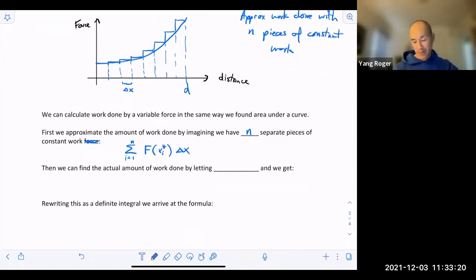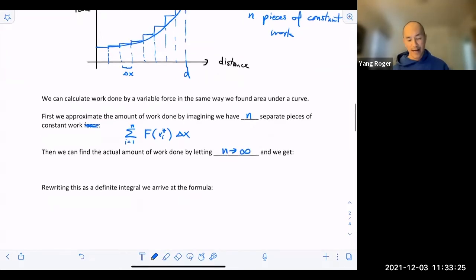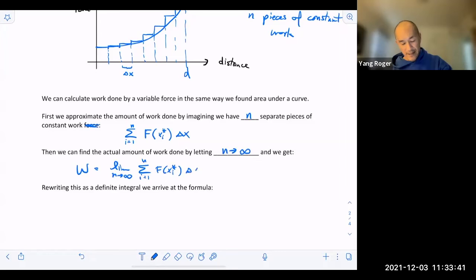Then we can find the actual amount of work done by letting n go to infinity. And when we do that, the work is going to be equal to the limit as n goes to infinity of the summation as i goes from 1 to n of f of x_i star times delta x. These are Riemann sums, which is what we studied in 4.2, I think.